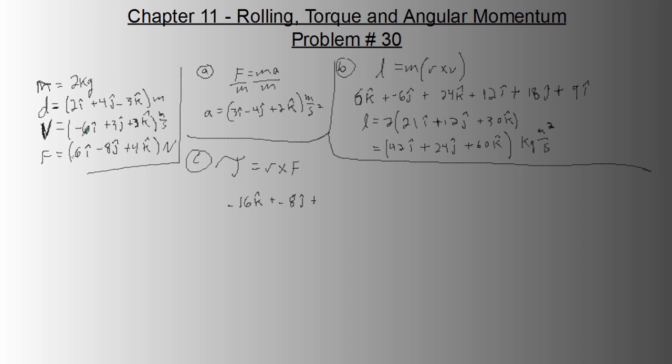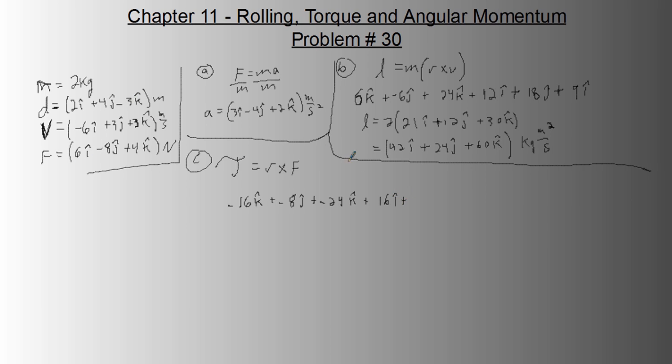Alright, 4 times 6 is 24. Up to the right is away, so negative k. Okay, 4 times 4 is 16. Up towards is to the right, so positive i.